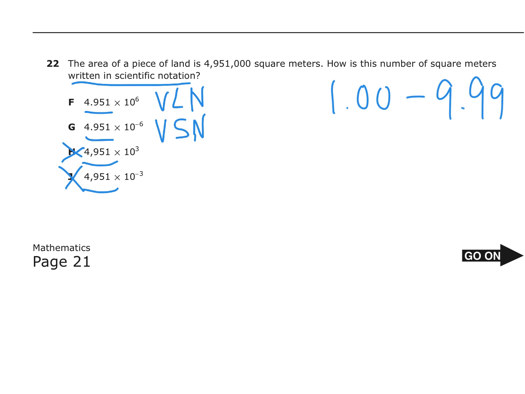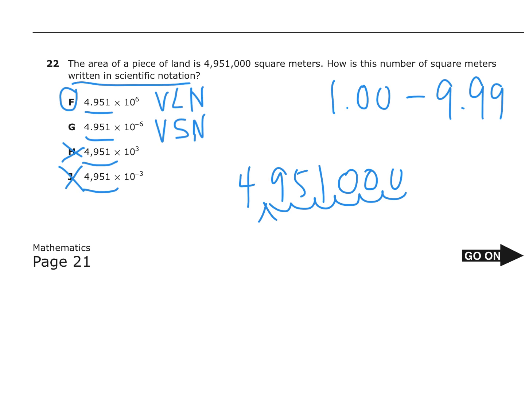It's more than 1. The answer has to be F. If you were to expand 4.951 times 10 to the 6th, you would need 6 decimal places: 1, 2, 3, 4, 5, 6. And F is the correct answer.